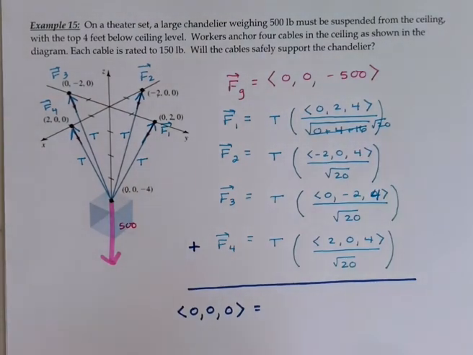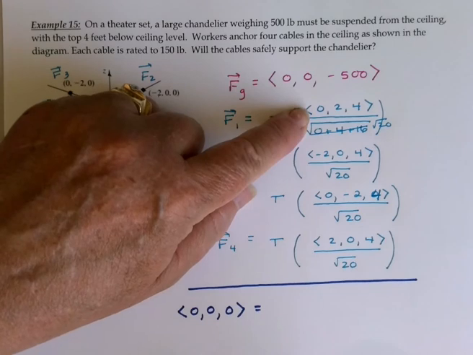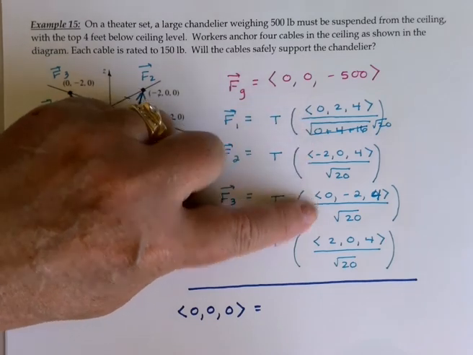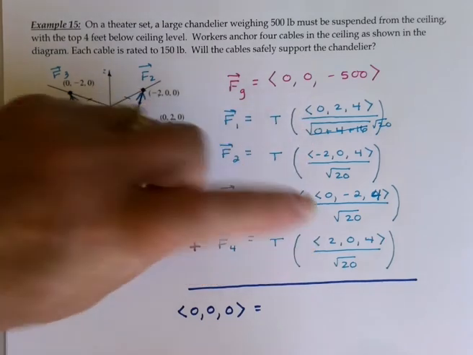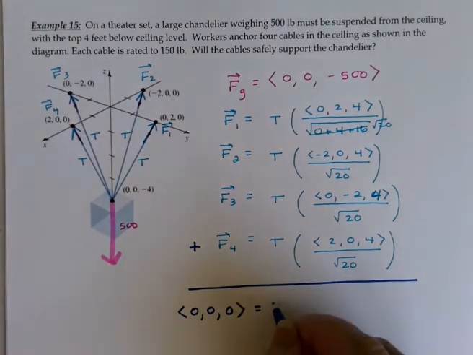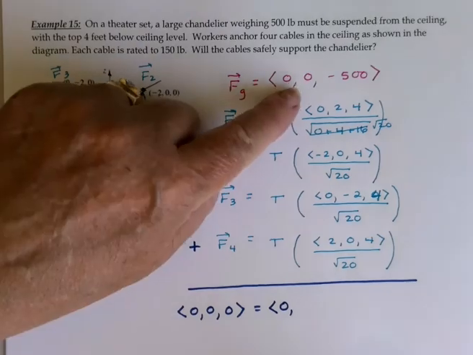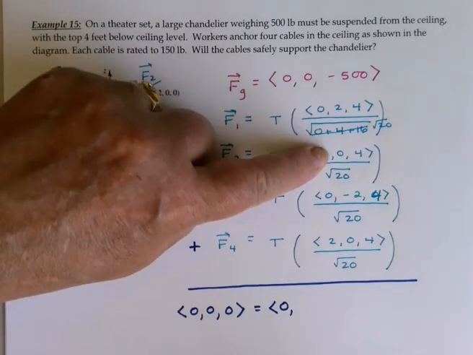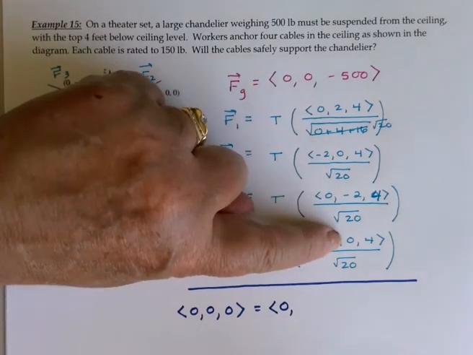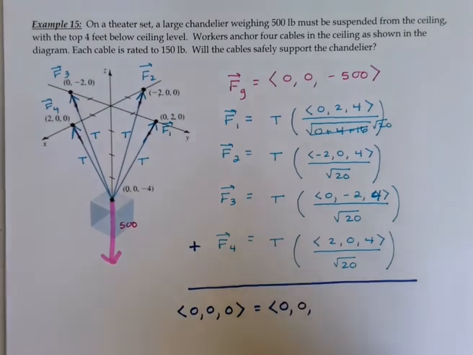And so if you look at the x values, I have 0 and 0, negative 2, 0, and positive 2. Those all add up to 0. And I think the same thing is going to be true for y. We got 0, 2, 0, negative 2, 0. Those all add up to 0 as well.